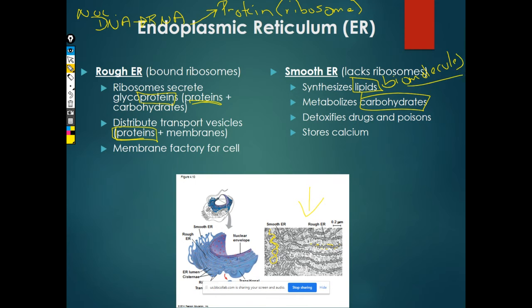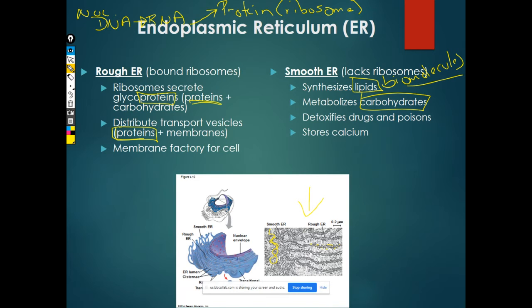There we go. We're still making biomolecules, but we're making everything but proteins now. So I'm making lipids, I'm making carbohydrates, all of the other ones that we talked about in our last unit, but we can't make a protein.